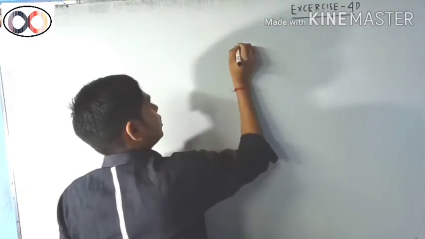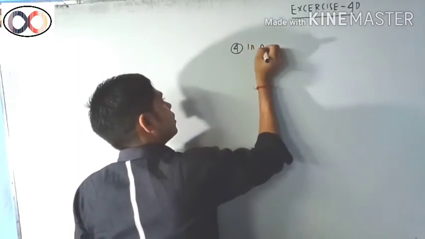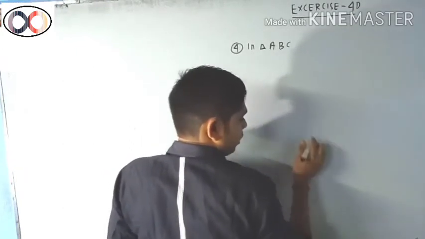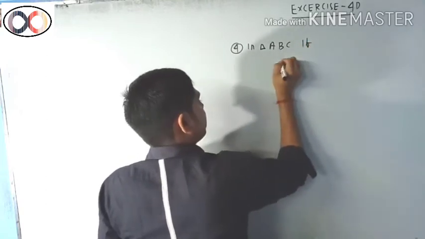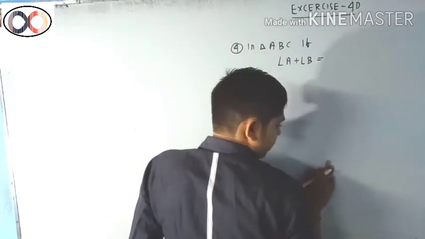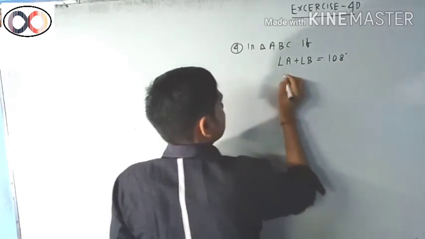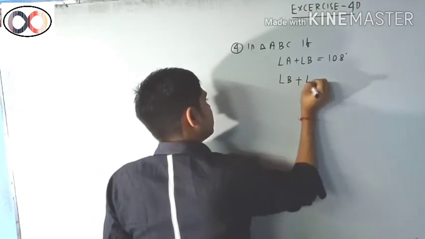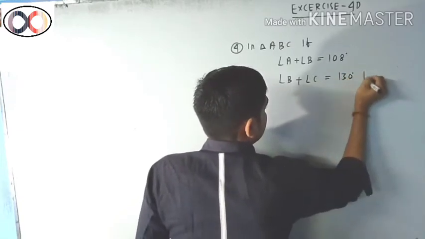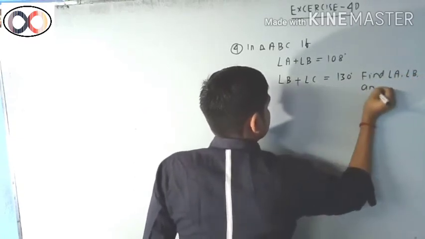In triangle ABC, if angle A plus angle B equals 108 degrees, and angle B plus angle C equals 130 degrees, find angle A, angle B and angle C.